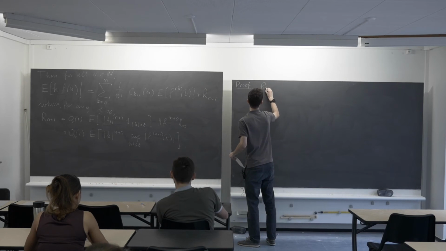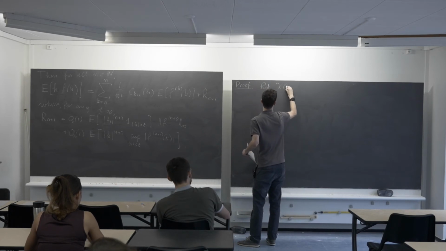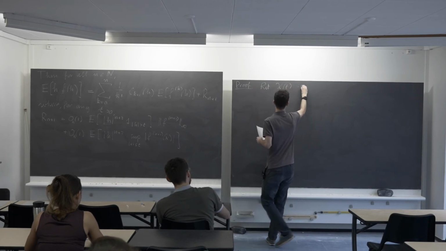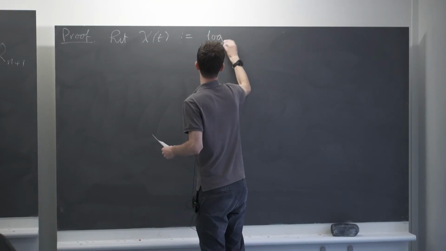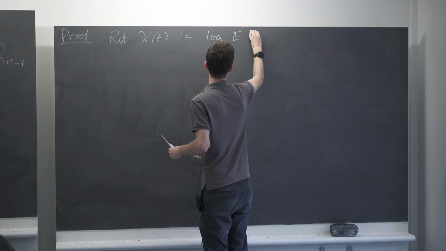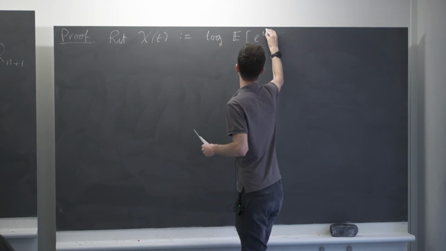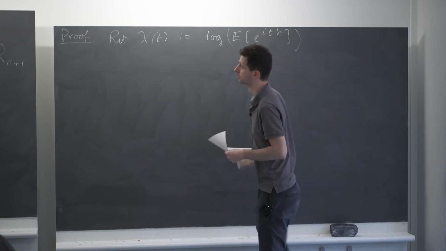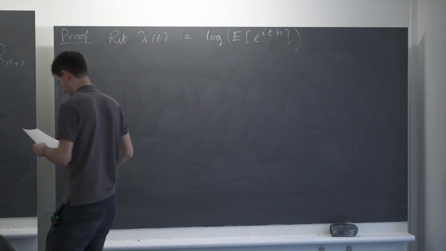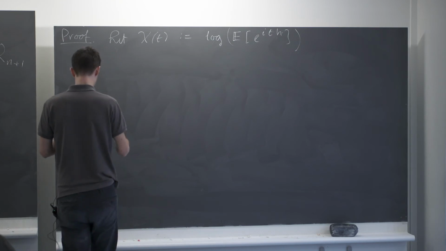So let me call chi of t this generating function, the generating function of my cumulants.